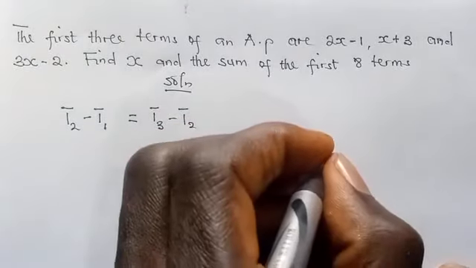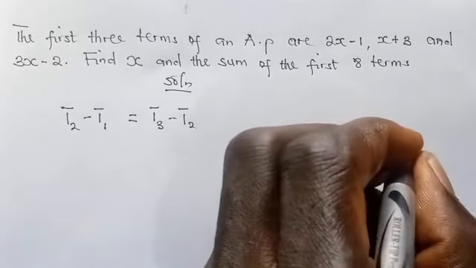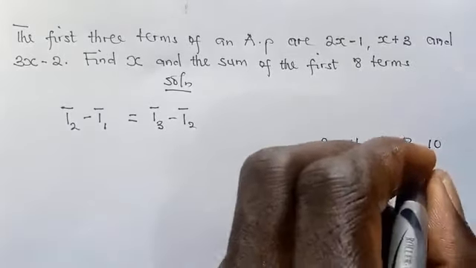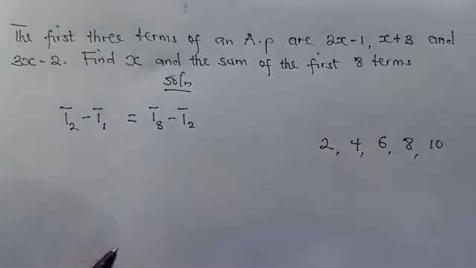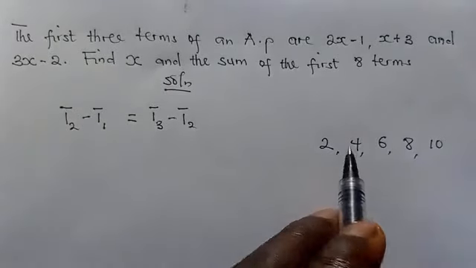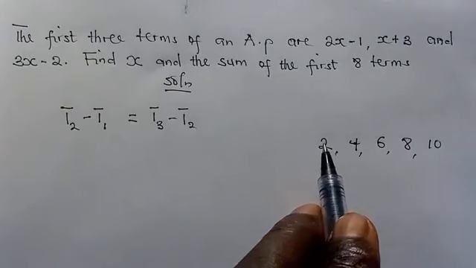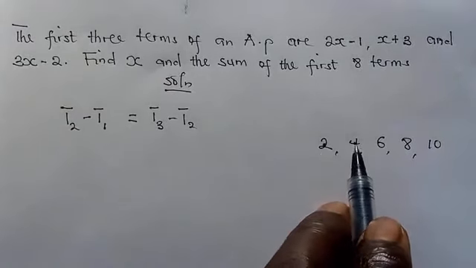For instance, when you have 2, 4, 6, 8, and 10, this is a sequence. And the common difference here is what? 2. Because when you do second term minus first term, you have 2. 6 minus 4, you have 2, which is third term minus second term.